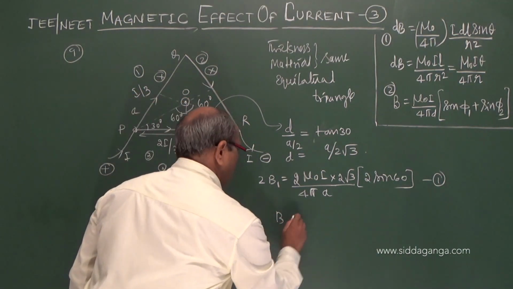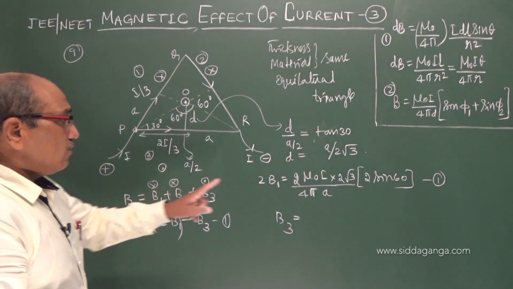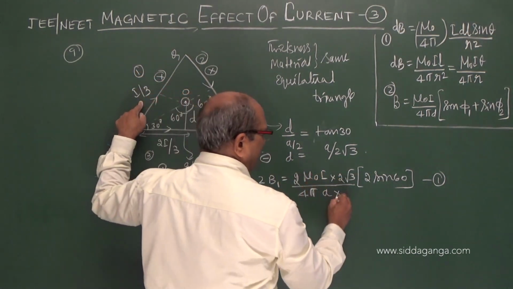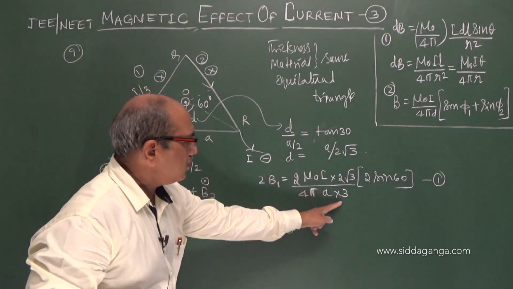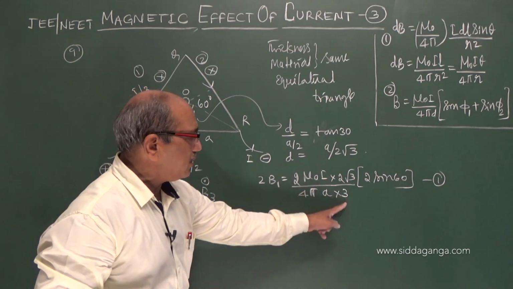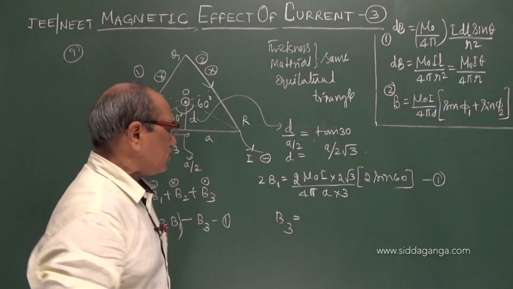Suppose you want B3 for this. Wherever I, what I have to substitute here? I by 3. 2 mu naught I by 4 pi, D is A by 2 root 3, I is I by 3, sin 60.